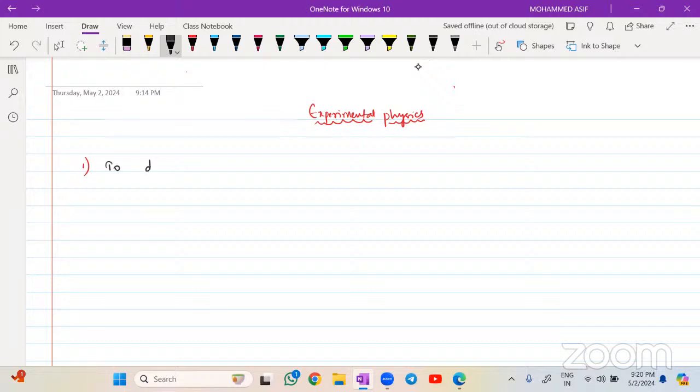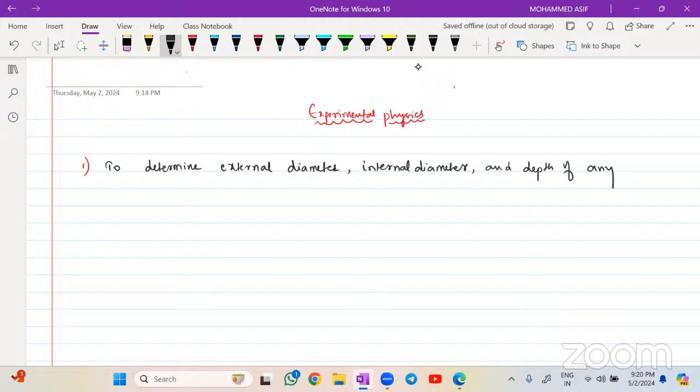So I can say that to determine external diameter, internal diameter, and depth of any object using vernier calipers.